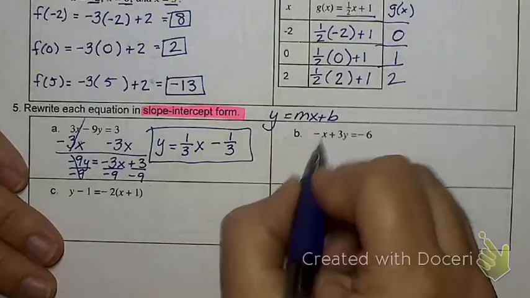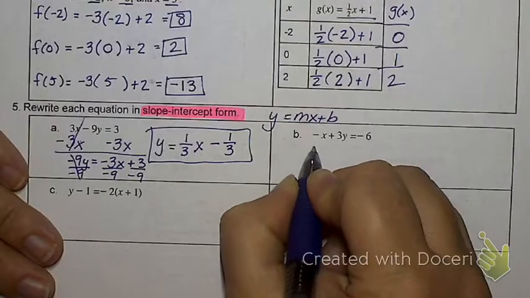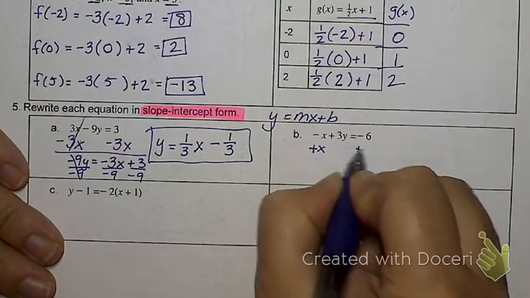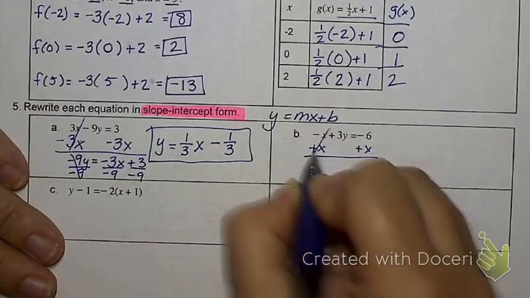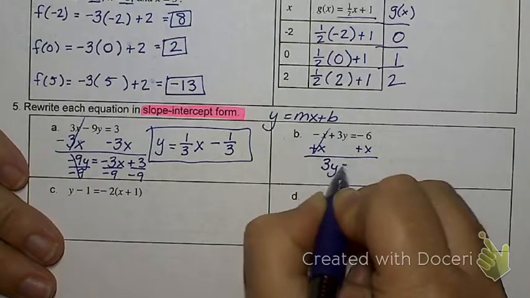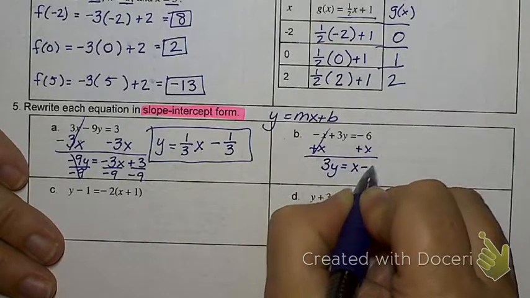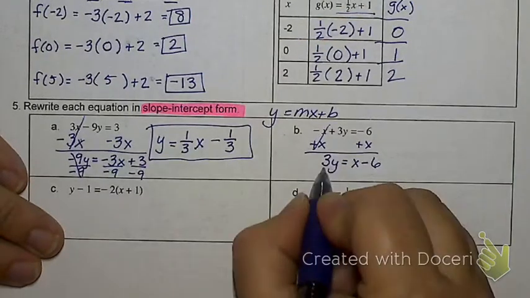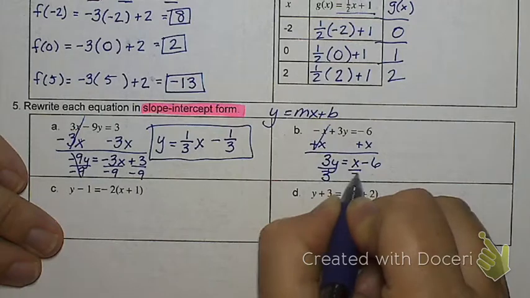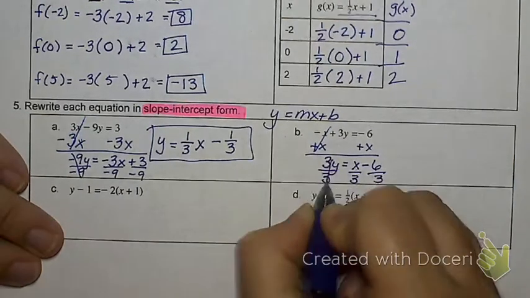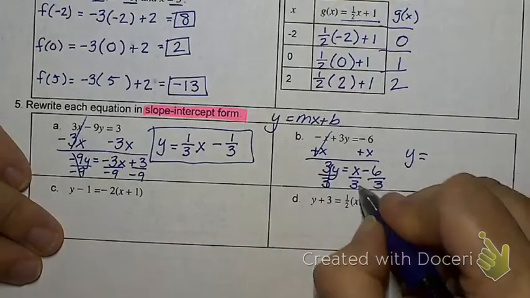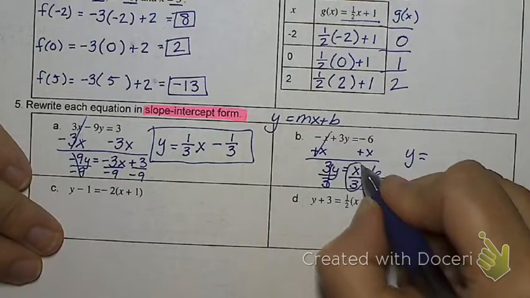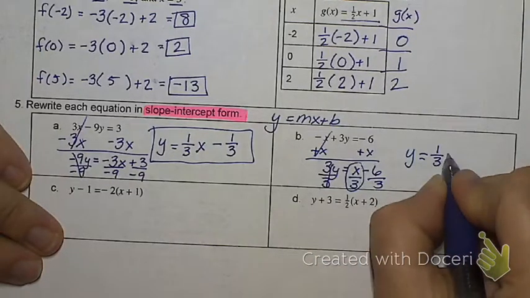All right, letter B. How do I get y by itself? Add x. So 3y is equal to what? X minus 6. Now what? Divide by 3. So I get y equals, what am I going to write here? 1/3 x.